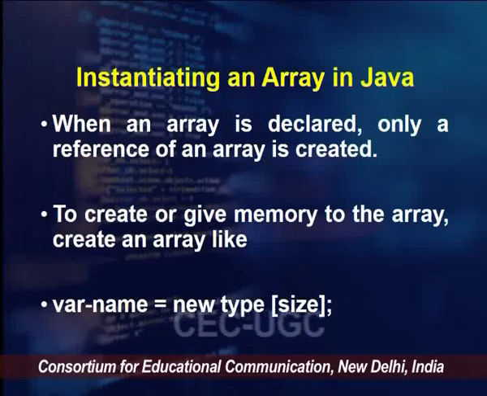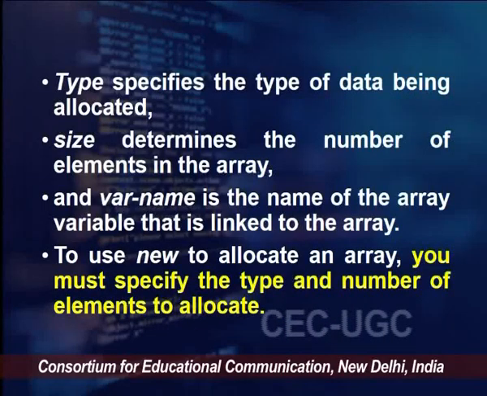We have named our array days, so logically we are going to put the size as 7. So the first statement is int days with square brackets, and the second statement will be days equals new int, within the brackets 7. So here the type is written after the new: new, then int.